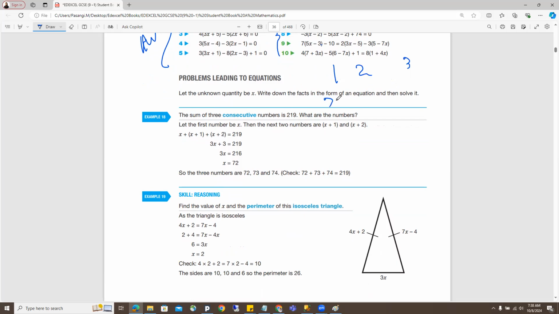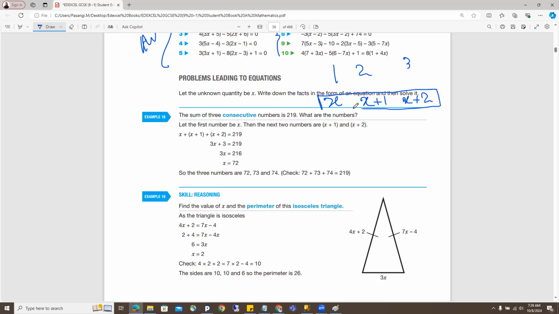For the first value, we can put it as x. Then the second value is x plus 1. Then the third value is x plus 2. If x is equal to 1, again we receive the same values 1, 2, 3 as the three consecutive numbers.